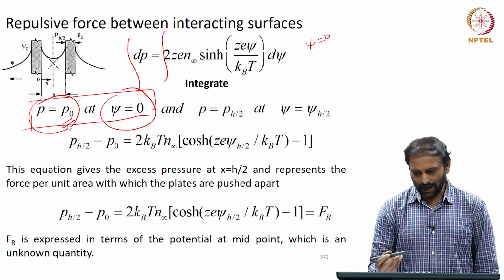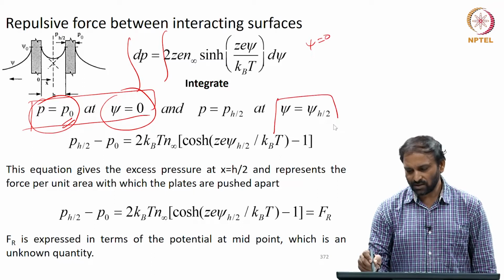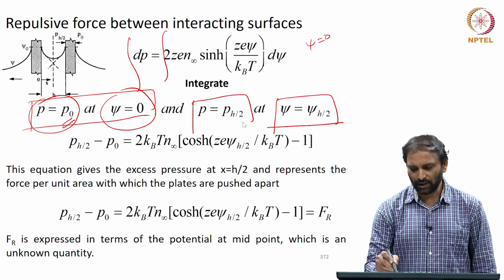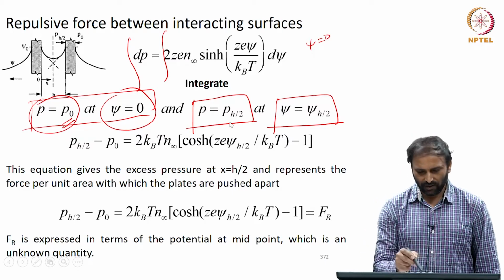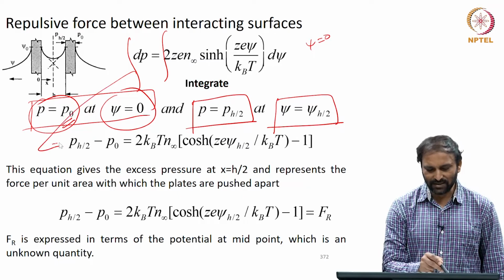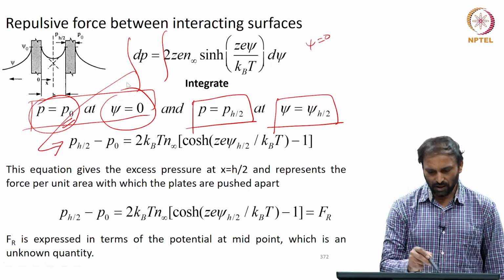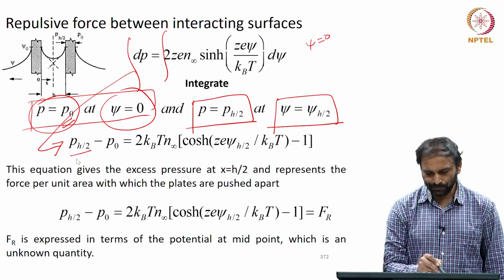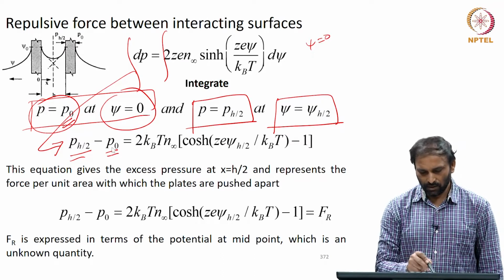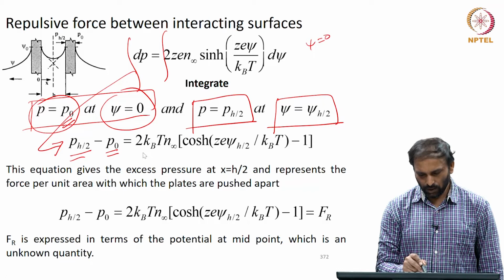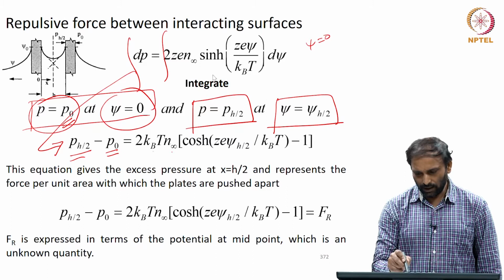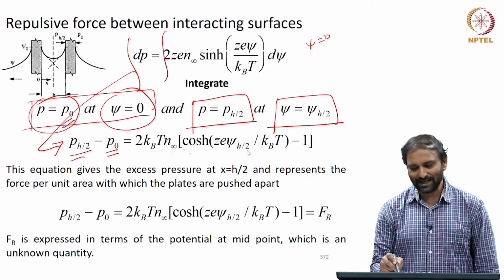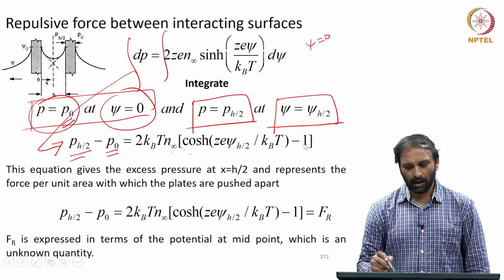At h by 2 the potential is psi h by 2, and correspondingly the osmotic pressure is P at h by 2. Once I integrate and substitute these conditions, I end up with P h by 2 minus P naught equal to 2 kBT n infinity times cos hyperbolic of Z e psi at h by 2 divided by kBT minus 1.